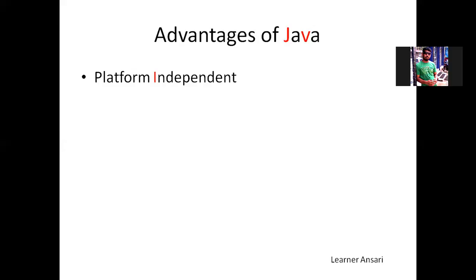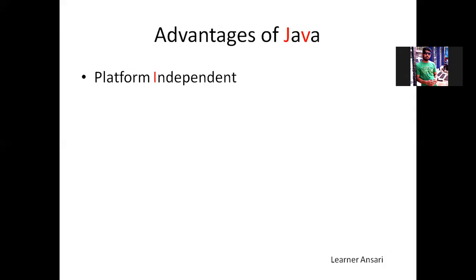If we develop software using Java, we are able to use the software on all machines like Windows operating system, Unix operating system, Mac OS, Solaris. We are able to execute the software. But for example, with tools like .NET, if you develop software using .NET, the software we can execute only on a Windows machine.